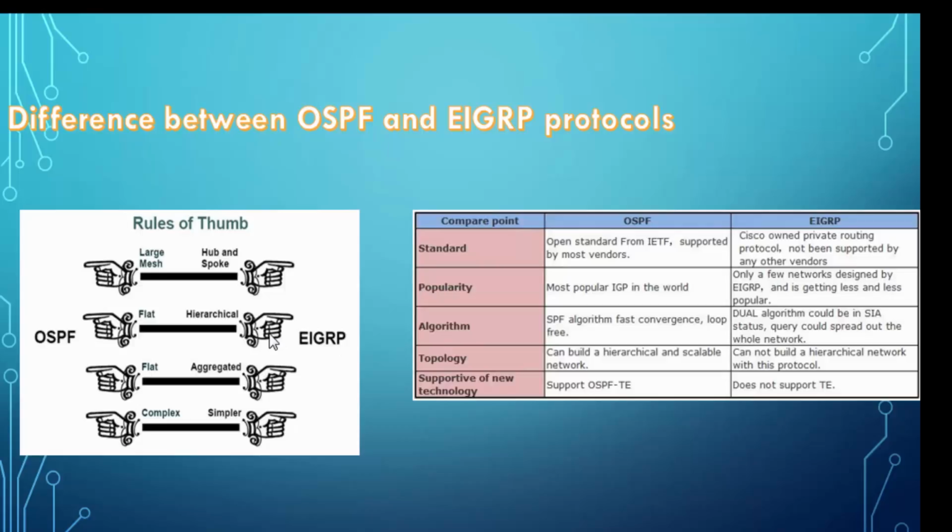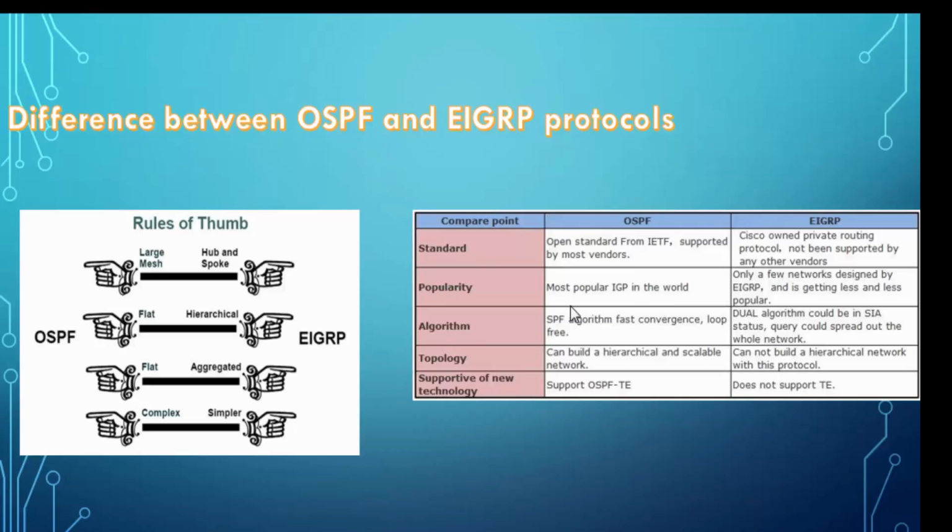I disagree with that. With OSPF the configuration is more complex, and EIGRP is a little bit simpler. We're going to check that in the future, how to do the configuration of both of them. We're going to see a little bit different over here about OSPF and EIGRP, and I have some disagreements.